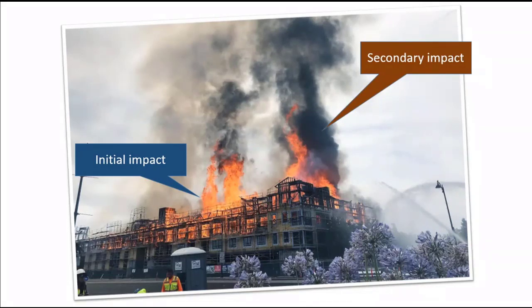So first, you need to respond to this emergency by putting down the fire. And then you need to take the next step to control this secondary impact, which is the consequence of the emergency. Of course, in this case, it's quite difficult to control the emissions.